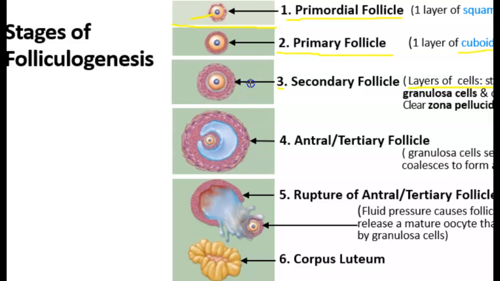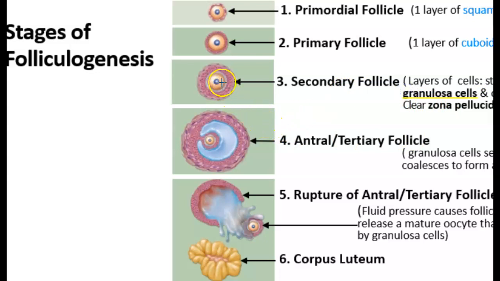and we could call this a secondary follicle just because it has more than one layer of cells surrounding the oocyte. But in addition, those layers of cells differentiate amongst themselves. So the outer cells become what are called the thecal cells, and the innermost cells become granulosa cells.